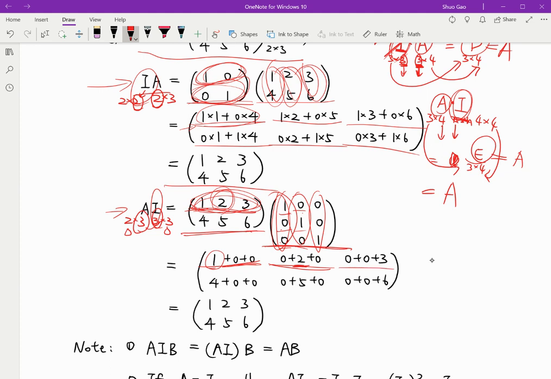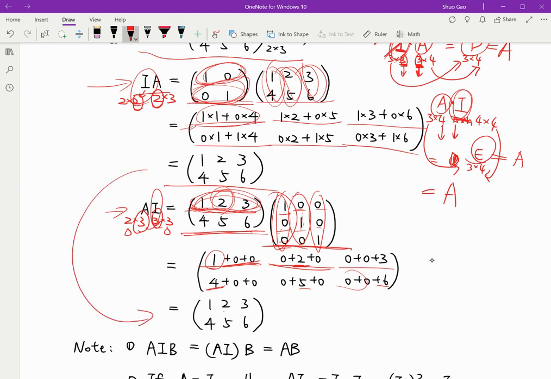Right, so we can see that because there are a lot of zeros here, when calculating the inner products, some of the elements are cancelled out, and only the position with 1 remains in our calculation. So here we have 4 remains, and then 5, and then 6, and all the others are 0. So the resulting matrix is still 1, 2, 3, 4, 5, 6.